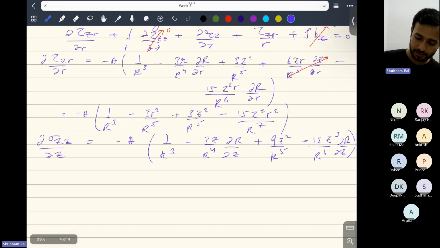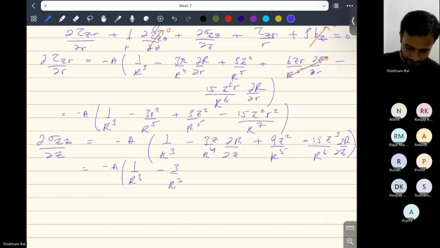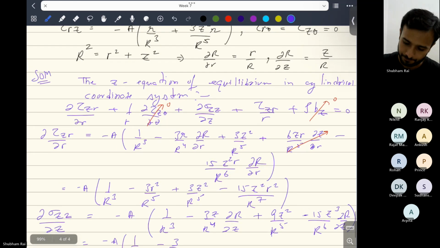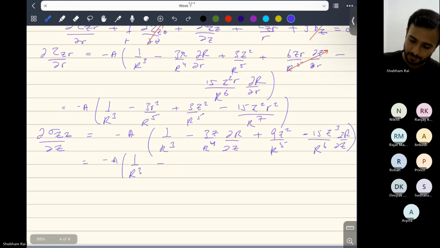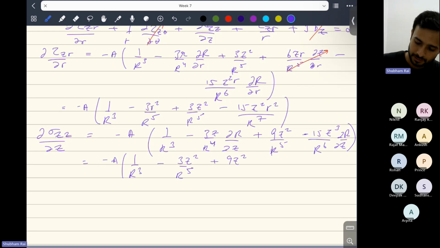So if you substitute, you will get finally minus a times 1 over r cube, or minus. So this will be capital R by Z. So 3 over r cube, right? Okay, I'm sorry. So this will be z by r, not r by z. So then it will be 3z square over r5 plus 9z square over r5.